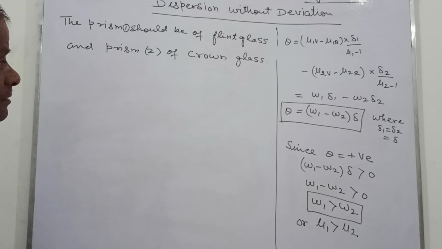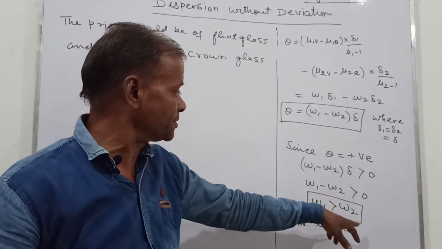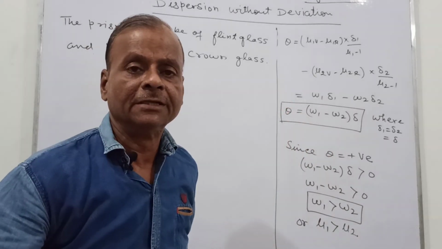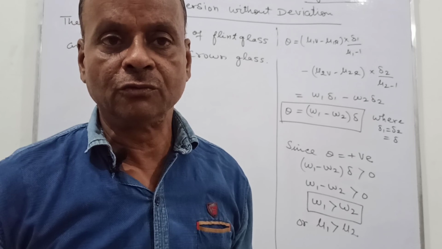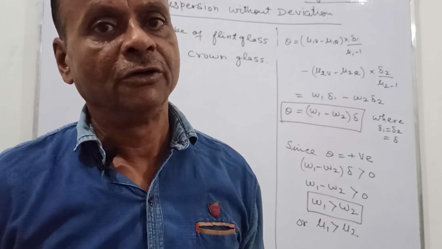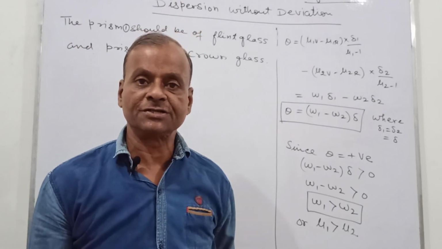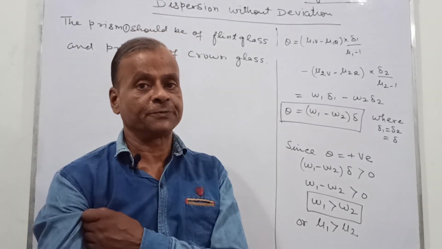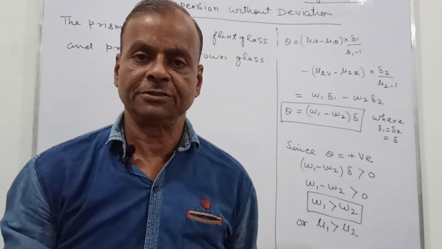This is the necessary condition, and A1 upon A2 equal to mu 2 minus 1 upon mu 1 minus 1. So these are the required conditions for dispersion without deviation.